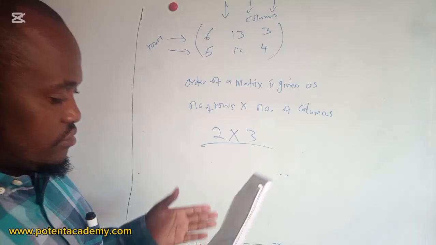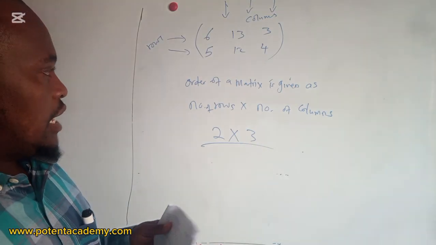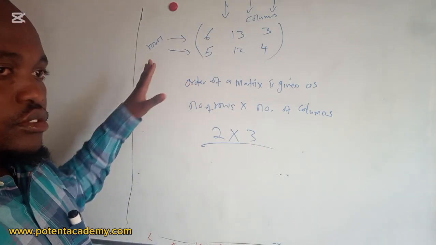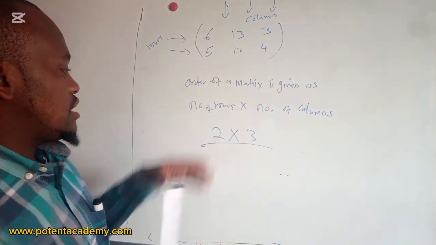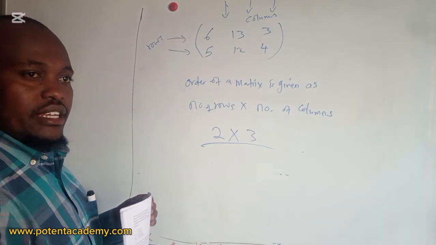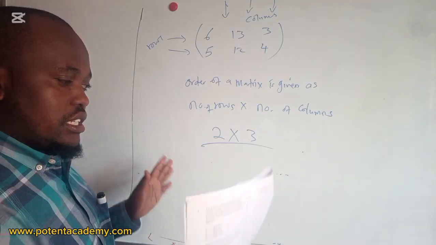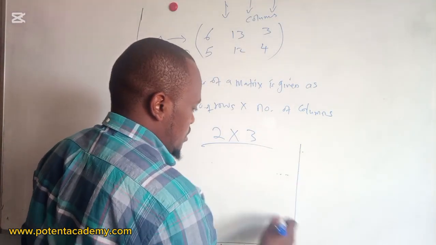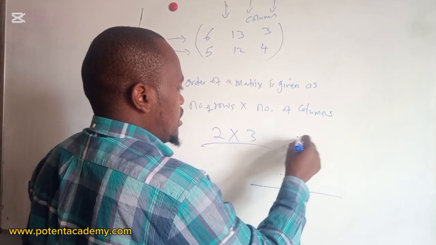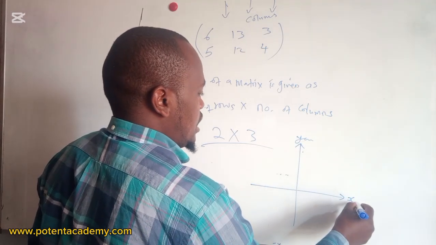Now, another thing that you can use to help you remember rows first versus columns: when you are studying the grid, the equation of a straight line or plotting anything on the grid, you have learnt about the y axis and the x axis.